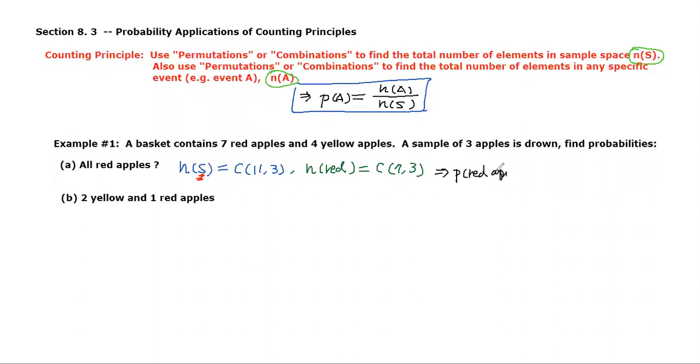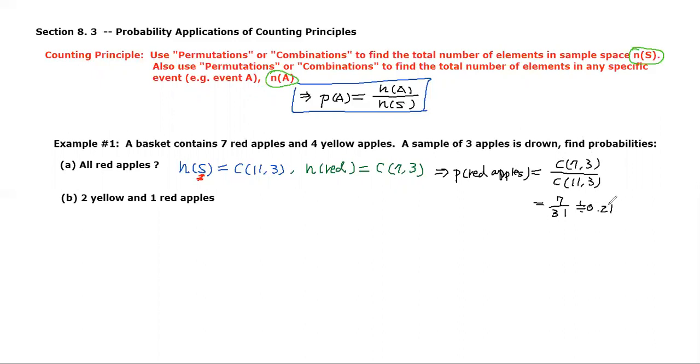All the red apples will just be, like we said, NA over N, the sample space. So we have C(7,3) over C(11,3), right? Then you can use your TI calculator, and what I have here is 7 over 33. So it's about 0.21.